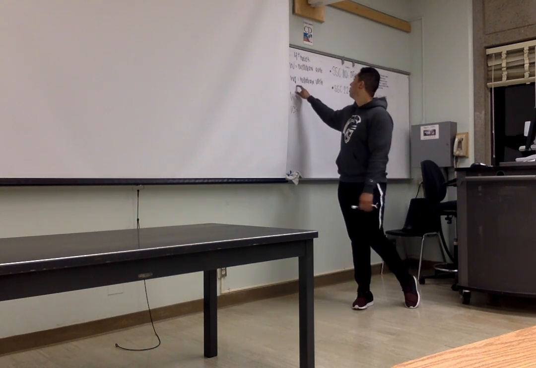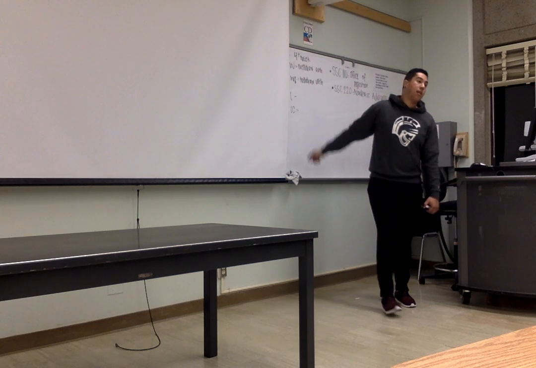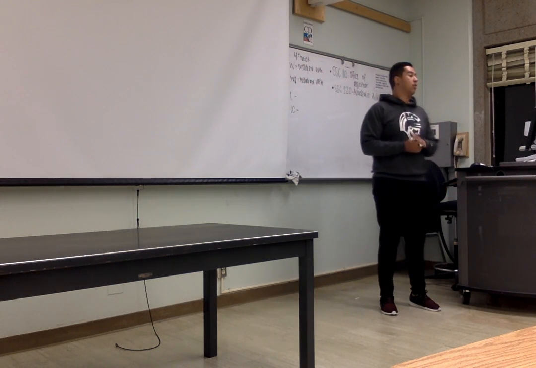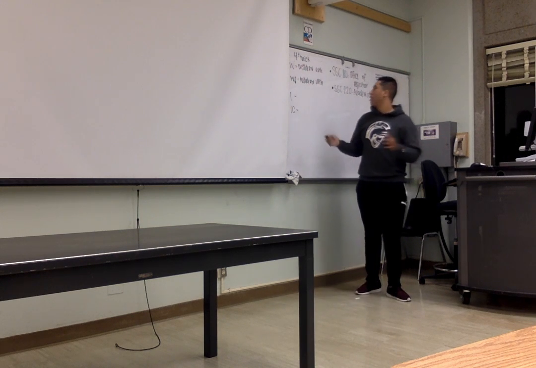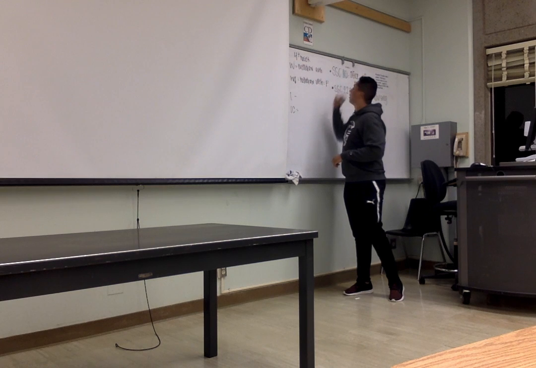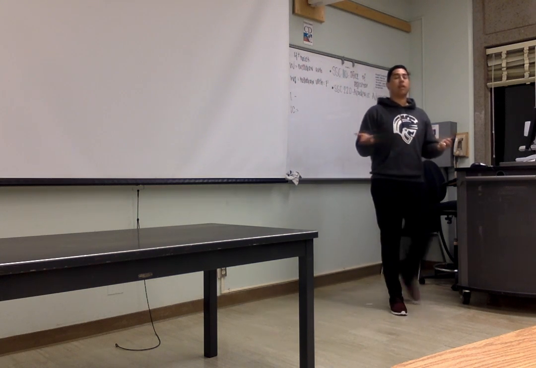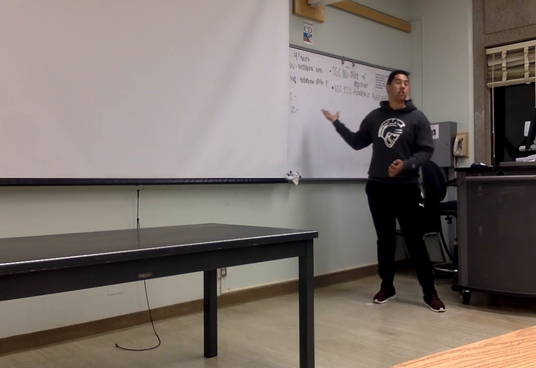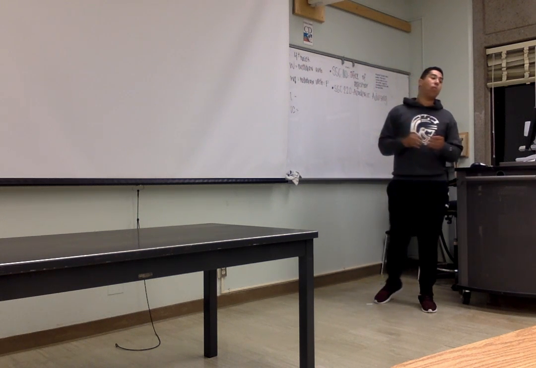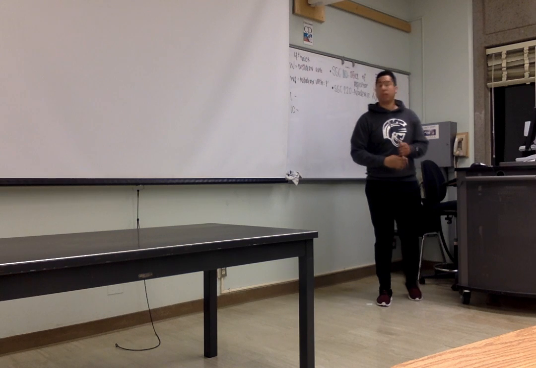Now, a WU, a withdrawal unauthorized, means, say you just stop going to classes. You get a WU, which equals an F. If you stop going to classes, you were never withdrawn, you get an F on your transcript. It's not good. Always, always withdraw properly.